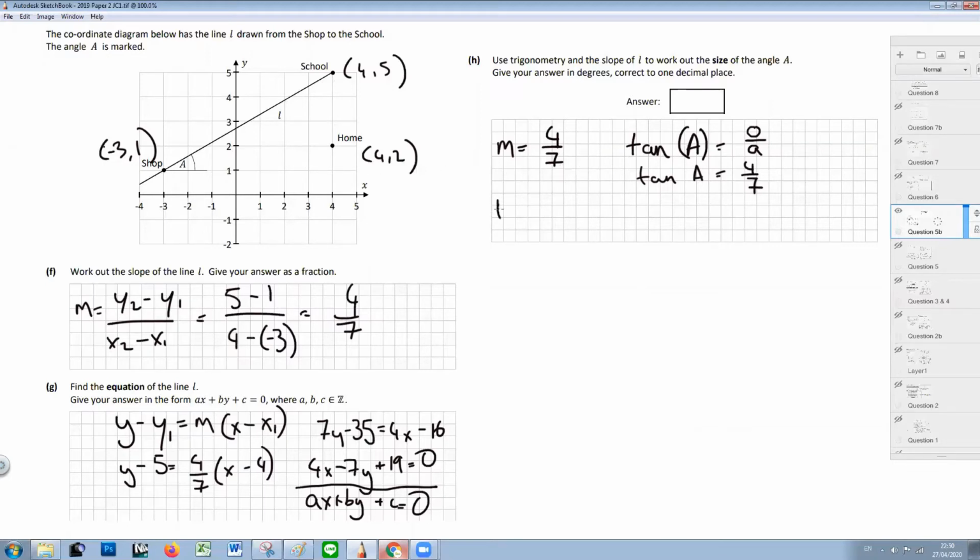But you can also say, tan of m is equal to 4 divided by 7, so m is equal to tan inverse of 4 over 7. Either is correct, but your answer is going to end up being 29.7 degrees, because when you get tan inverse of 4 over 7, that ends up being 29.7 degrees. So just put your answer in here, in degrees, to 1 decimal place. Okay, hopefully that's clear.